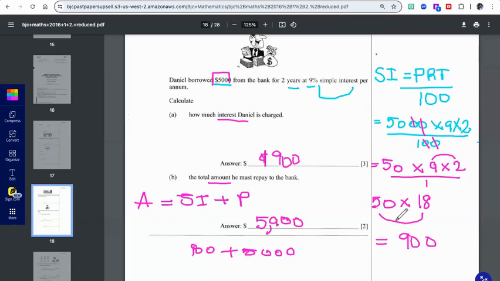So the amount to be paid back, if your parents would have borrowed $5,000 from this particular bank at 9% for 2 years, they would have paid back $5,900. Good job. Yes, $5,900. We're going to do one more paper and then I'm going to say farewell.